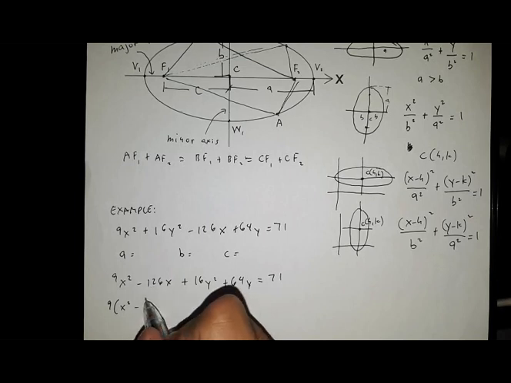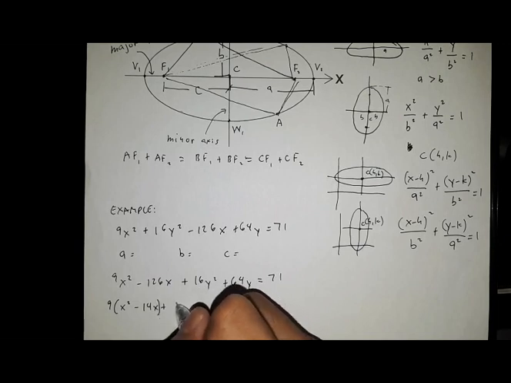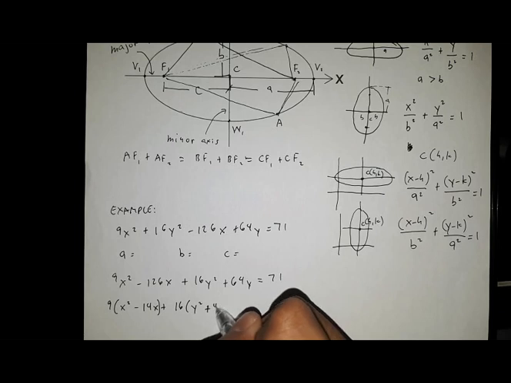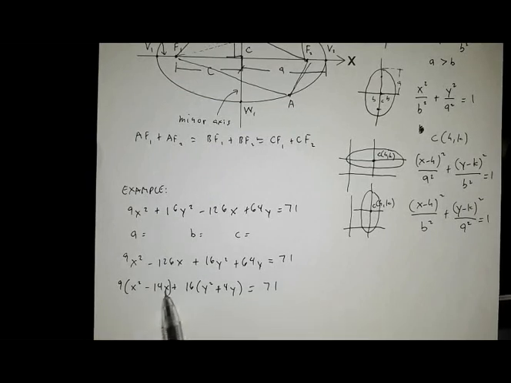So we have 9 times x squared minus 126 divided by 9 is 14x plus 16 times y squared plus 4y equals 71.